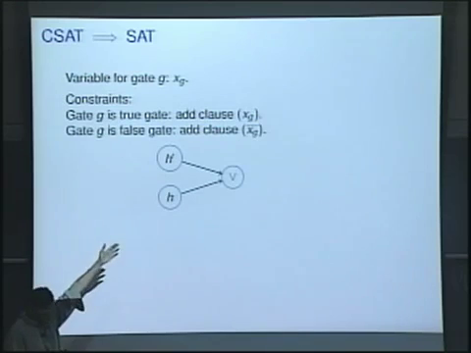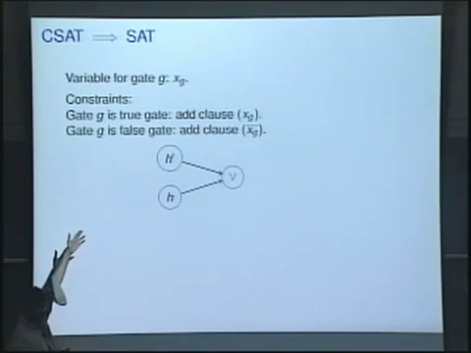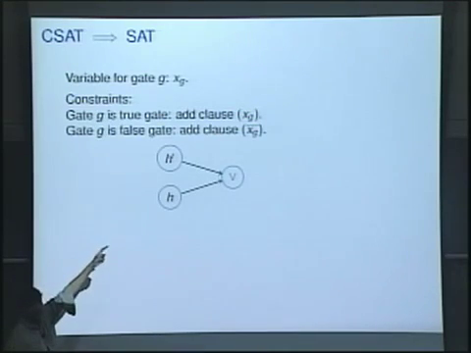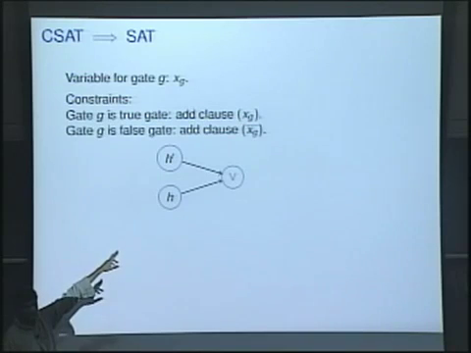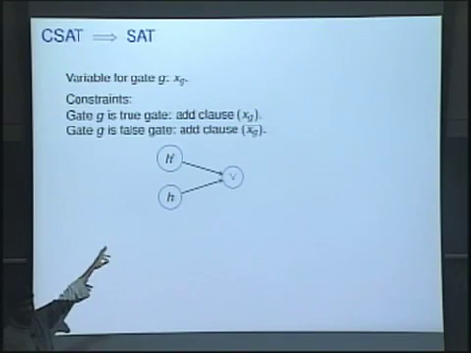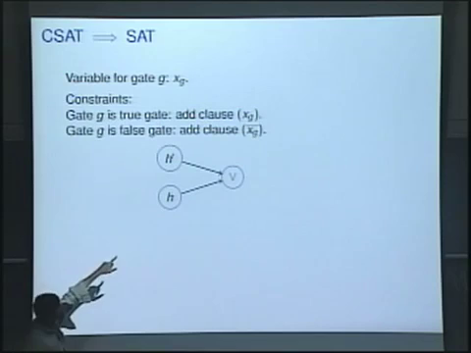And x sub g better be true for this particular gate to be true. For a false gate, I add a clause not x sub g. For that clause to be true, what does the value of x sub g need to be? Anybody? False.